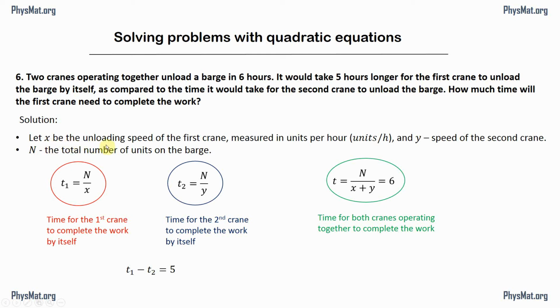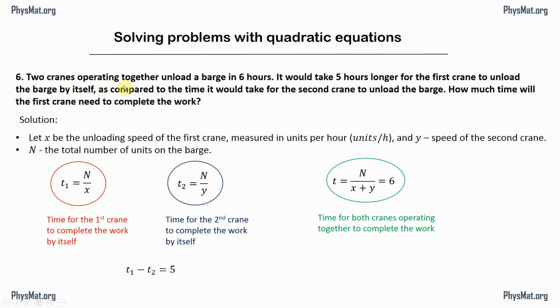So if x is unloading speed of the first crane, which we need to find, and y is unloading speed of the second crane, both in units per hour, and n is the total number of units which we need to unload, then the time the first crane spends on unloading this number of units will be equal to n divided by x. And the time the second crane would need to unload this number of units will be equal to n divided by y. And we know that the difference between these two times is 5 hours.